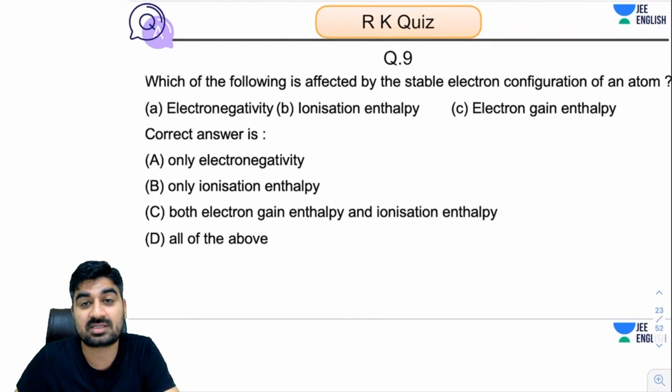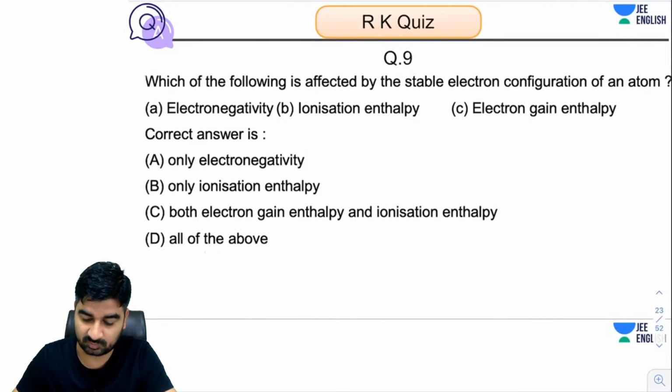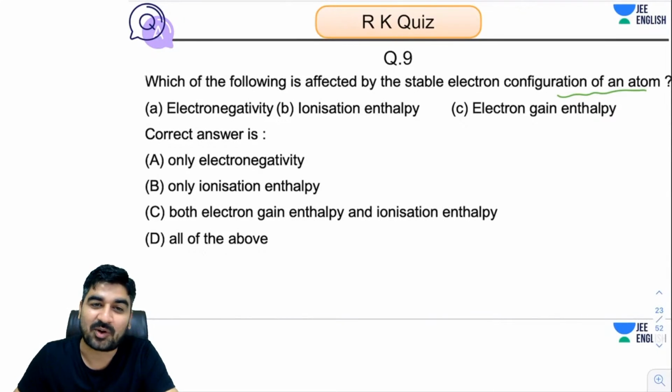Which of the following is affected by the stable electronic configuration of an atom? Options are really very interesting.